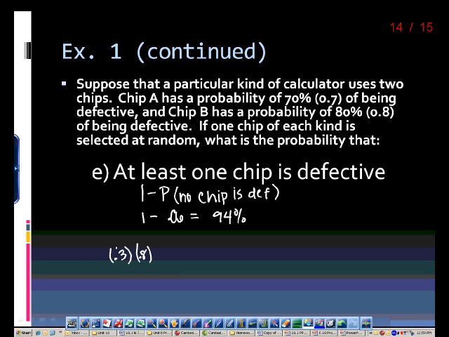So this is A not defective, B defective, or we could have A defective, B not. Or could they both be defective? Yep. So, or we could have 0.7 times 0.8. If you add all those up, see what you get.